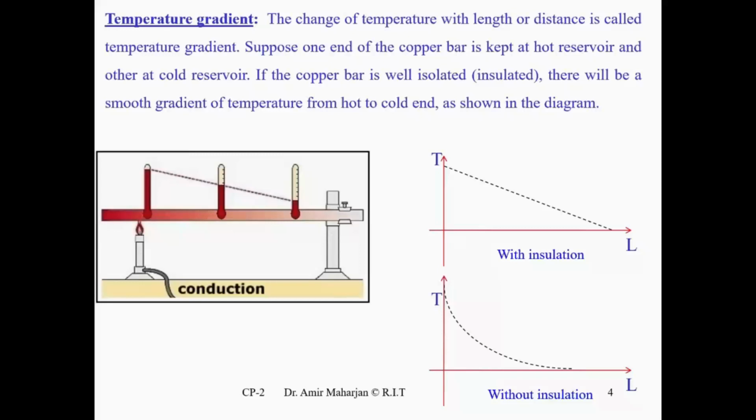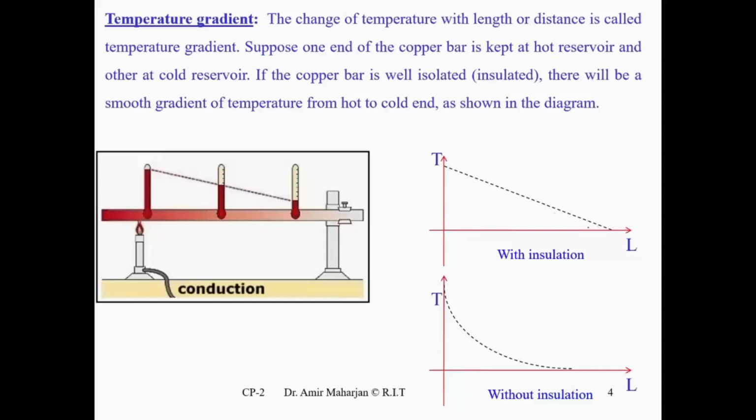You also need to know something called temperature gradient. If you have one end hot and one end cold, you have a temperature gradient. Temperature gradient is simply the change of temperature with distance, with length. If this bar is well insulated, the temperature gradient is uniform. The temperature decreases from hot to cold end gradually, like this.